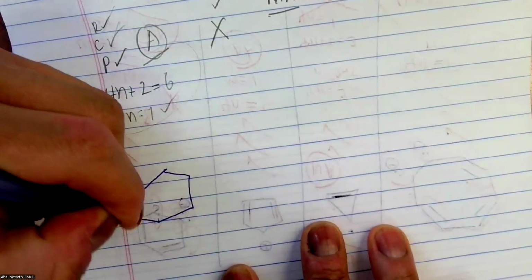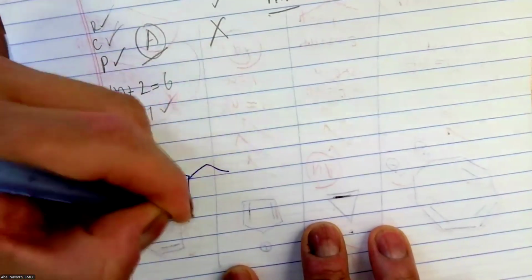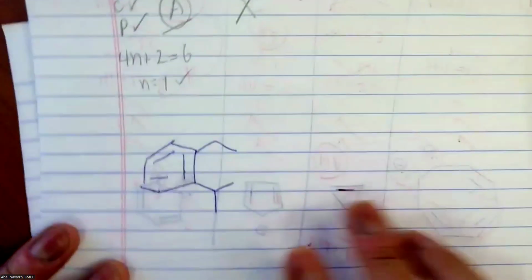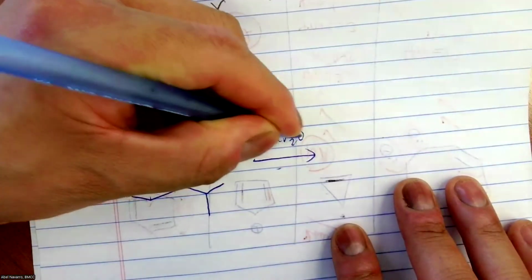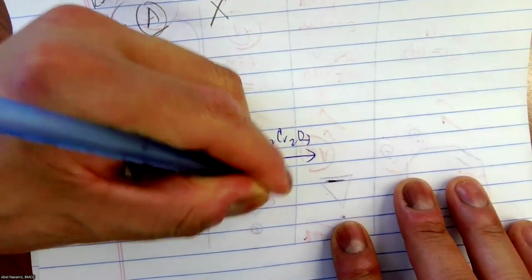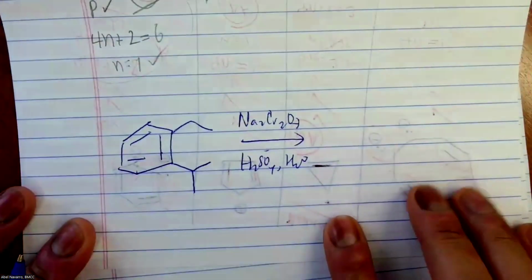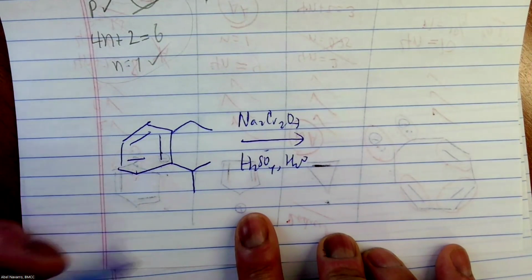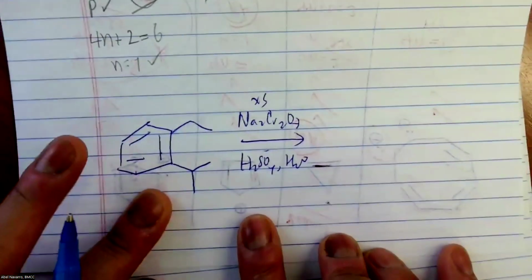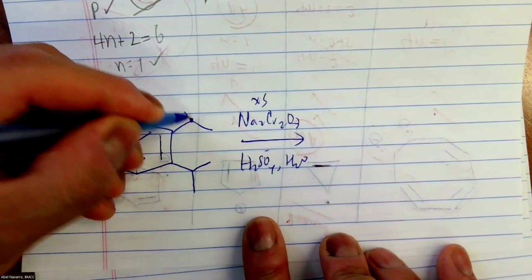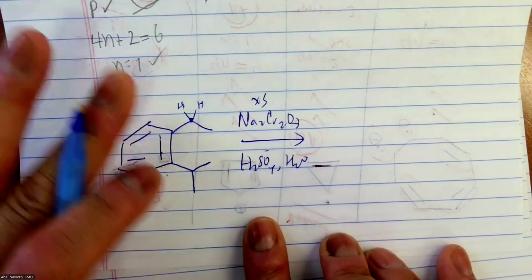What if I have 2 side chains? Yeah, you can also have 2 side chains. For example, if you have this ethyl and isopropyl, and I do the reaction with sodium dichromate, sulfuric acid, and water, assuming excess, does this one have hydrogen? Yeah, it has 2 hydrogens, at least 1.